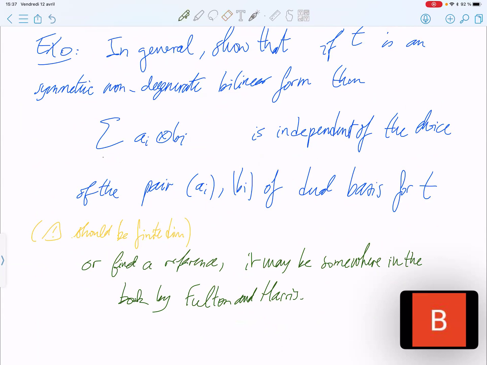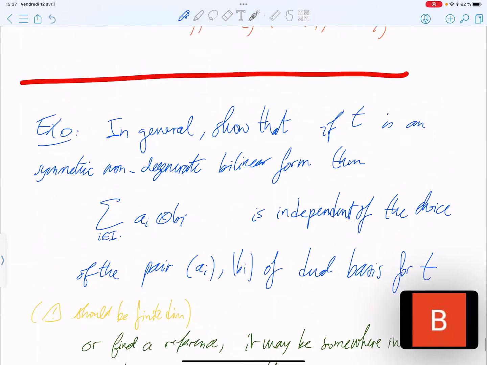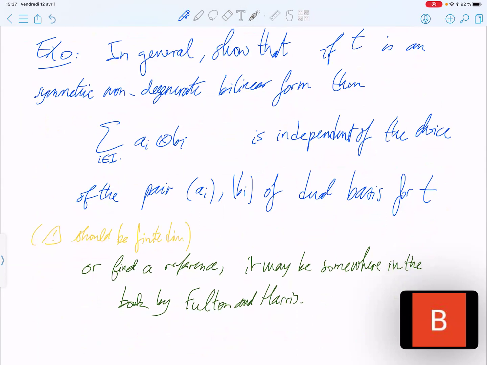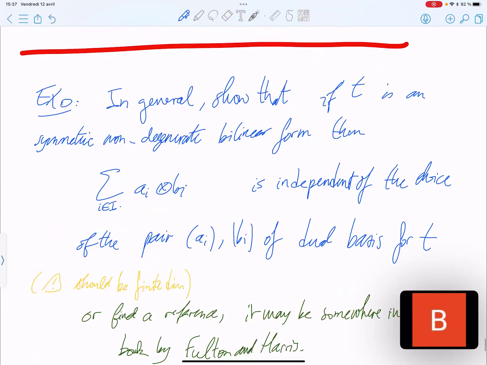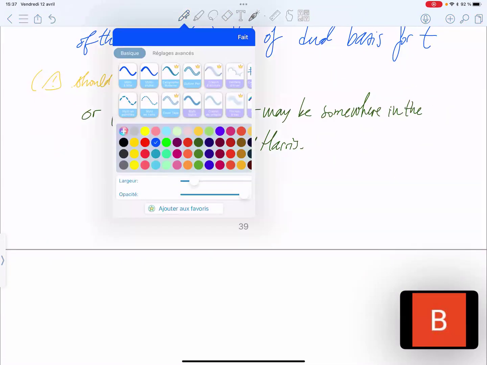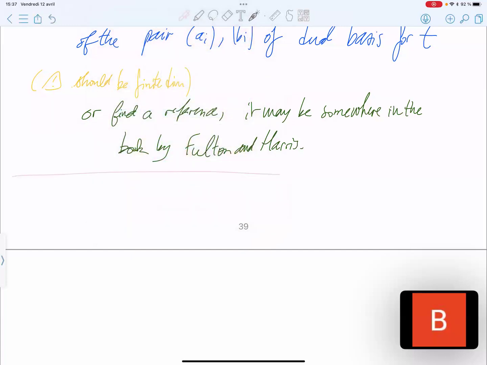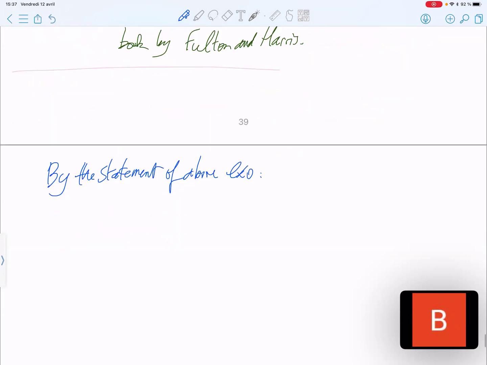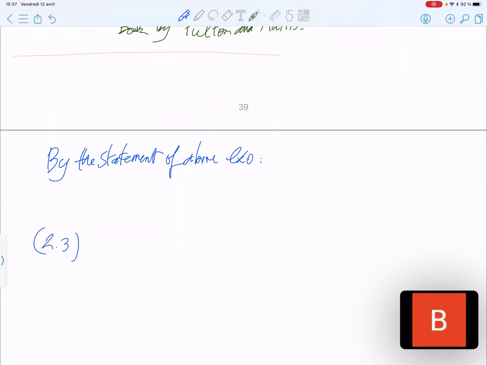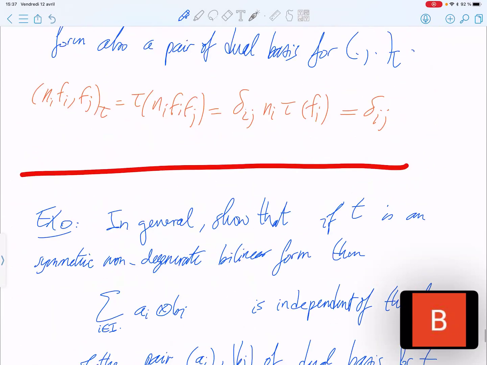But we have two pairs, so we can get an equality. Okay. So then, by the statement of the above exercise, we have the relation 2, 3. We have two pairs of dual bases.